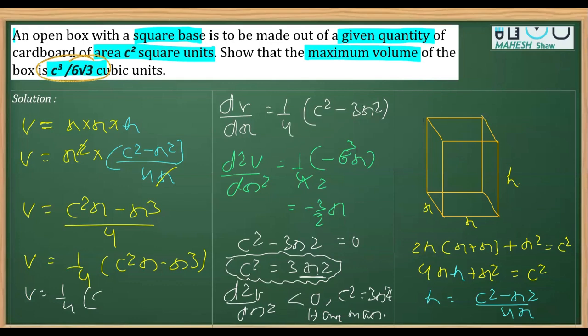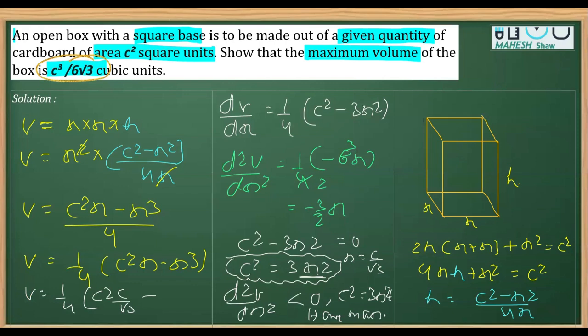We need x in terms of c. From here, you can find out that x is actually c by under root 3, on transposing this. So this is c over under root 3 minus x cube.